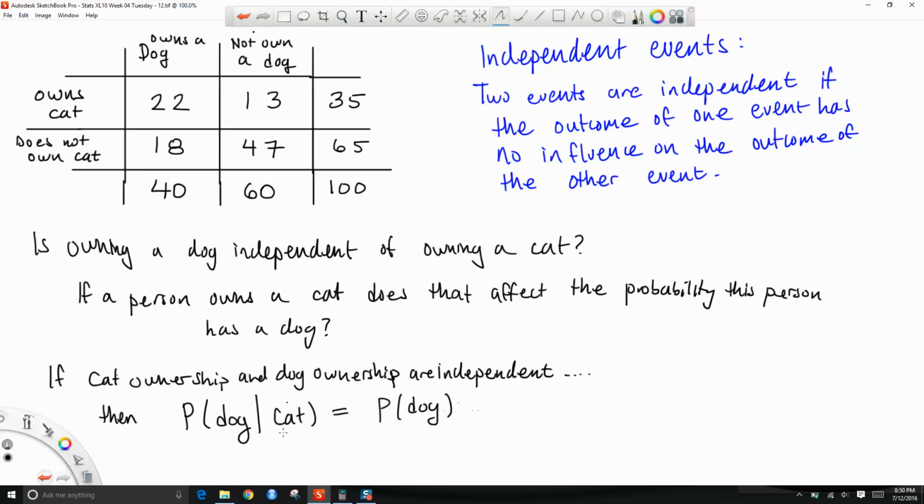So whether or not we know the person owns a cat should have no effect on just the probability of owning a dog, okay? Or another way, the probability of owning a dog if we know he has a cat would also be equal to the probability of dog given no cat, okay? All of these things would be equal to each other. They're all equal to just the probability of owning a dog, okay? You just have to check one of these things. So I'm just going to say probability of owning a dog given cat, is that equal to the probability of a dog? Okay? If these are not equal, then they are not independent.